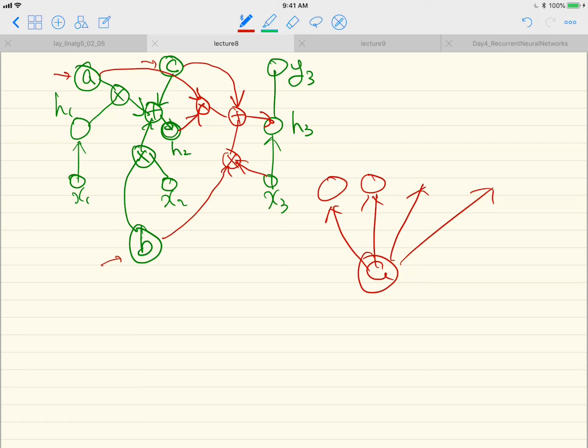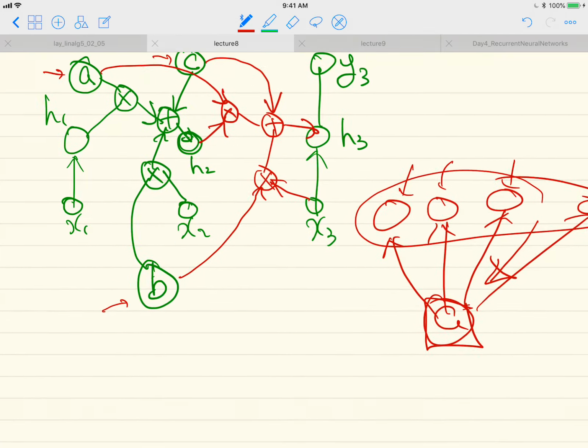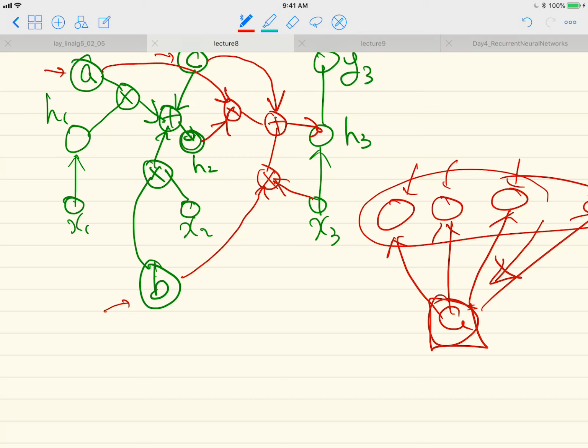And then what about the gradient? The gradient occurs in each of these nodes, and they will all be added together to form the total gradient of A, right? So A is connected over here and over here, right?